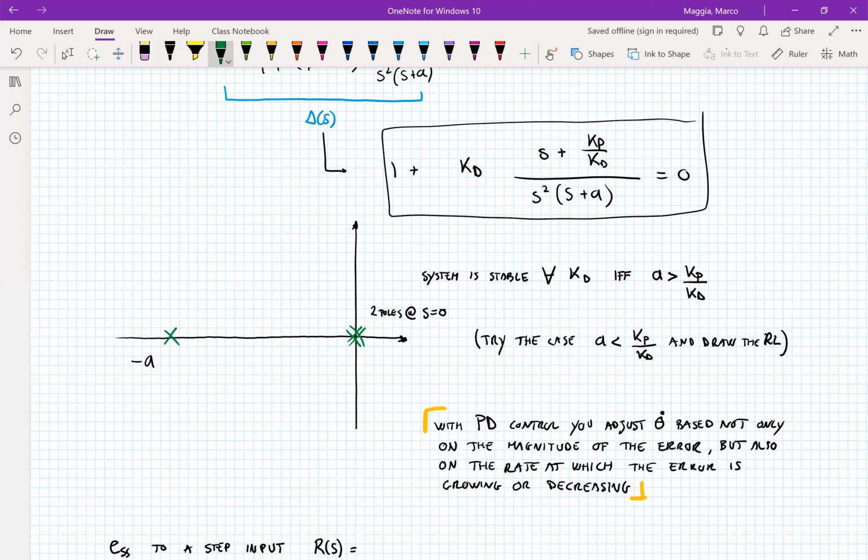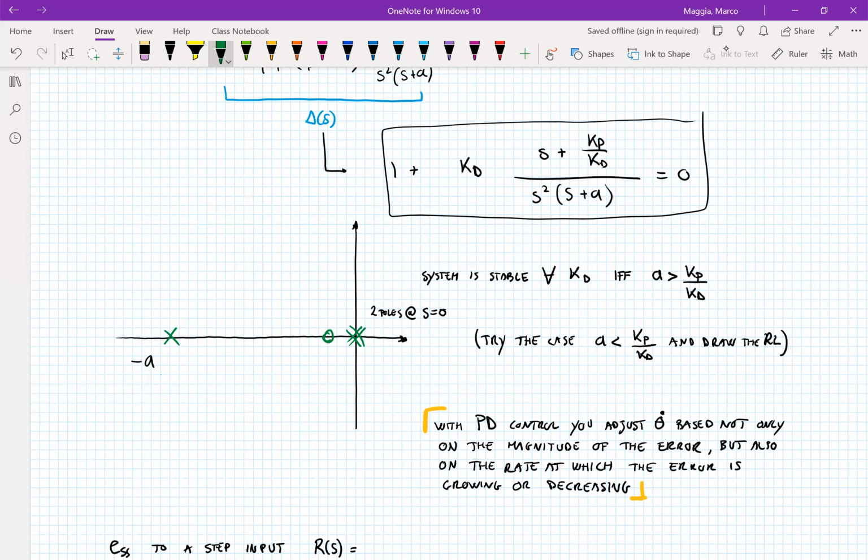By choosing the ratio Kp over Kd, we can decide where to place the zero. Now, in order to get a stable system, this zero must be between -a and 0. So let's choose it right here.